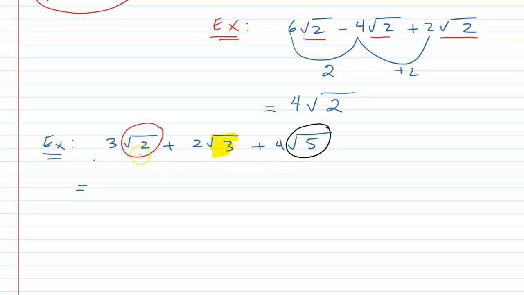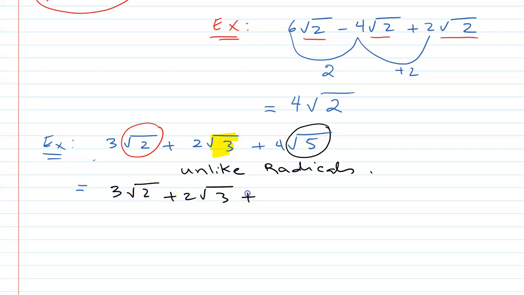They are not the same. Neither one of these are the same. So you cannot add them because they are unlike radicals. So the answer is itself: 3 root 2 plus 2 root 3 plus 4 root 5. You cannot add them together.